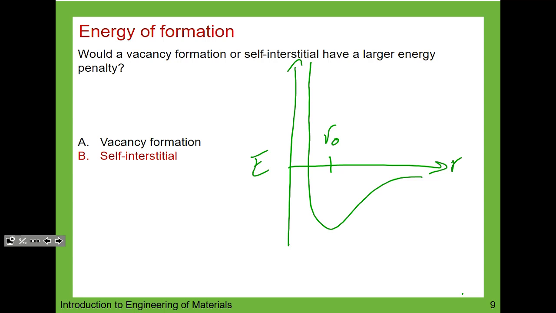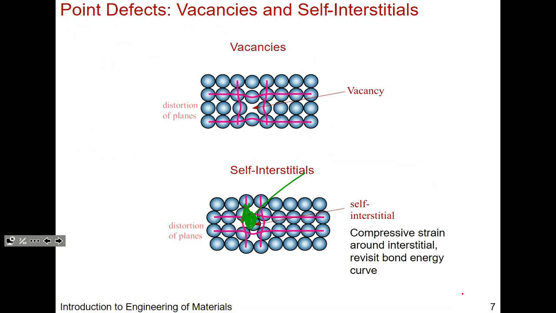I'm going to change to red. You're going to be somewhere here, right? Your bonds are shorter. I don't know if you could see that, so let me just highlight it. So look at this atom that I'm highlighting in red here. Do you see that the bond lengths here are a little bit closer?